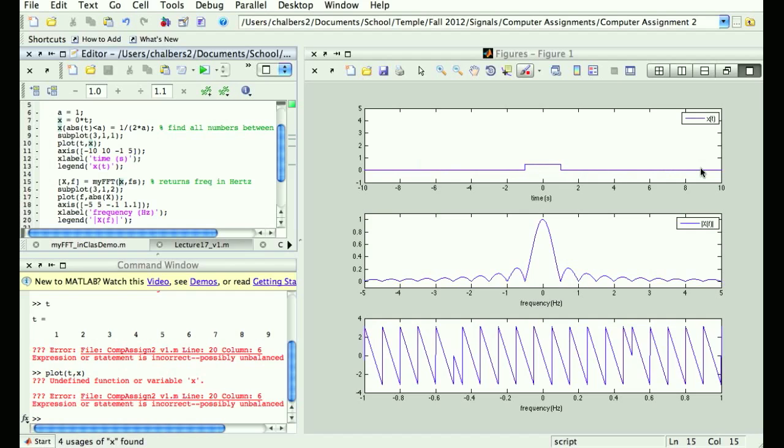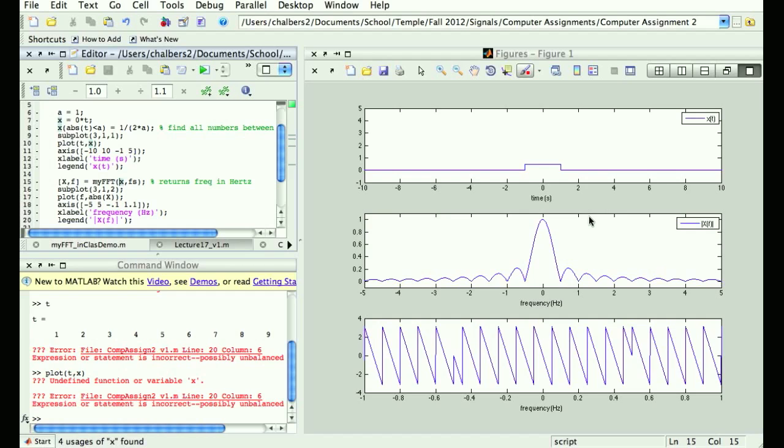Separate from that was the array that I created with the time vector. The time vector I created was negative 10 to 10, but I could have just as easily made it 0 to 20. And that wouldn't have changed the array x. X would have still been 0, 0, 0, 1, 1, 1, 0, 0, 0.